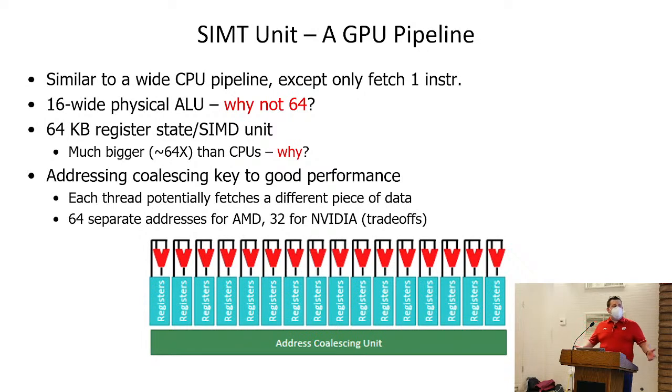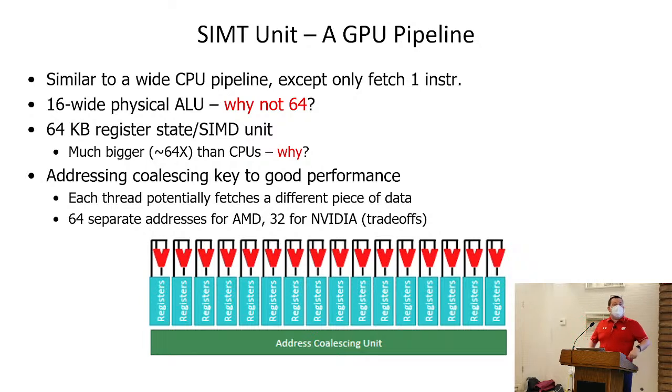And the reason why they often do 16 of these is laying out 64 of them takes up a lot of area. So, some of them might have 32, but oftentimes we're limited by the amount of area we're willing to devote. And instead of having all of those ALUs, we have very, very large registers.